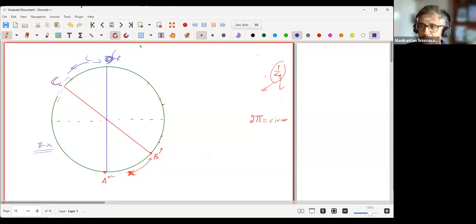So for a chance for AB equals x, the chance of C being in the appropriate interval is 1 minus x over pi. No, it's x. You're very right. It's x over 2 pi.